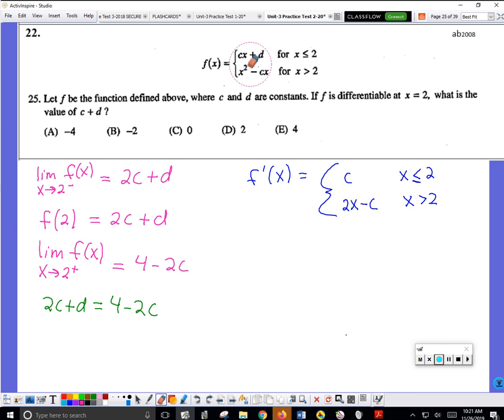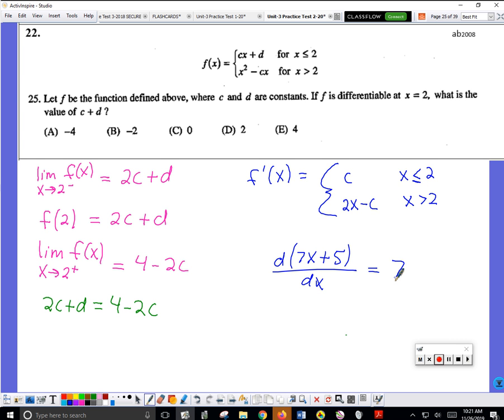Whole class. If you're trying to find the derivative of 7x plus 5, please raise your hand if you know what goes here. What's the derivative of 7x plus 5? Let's go, Sarah. 7.